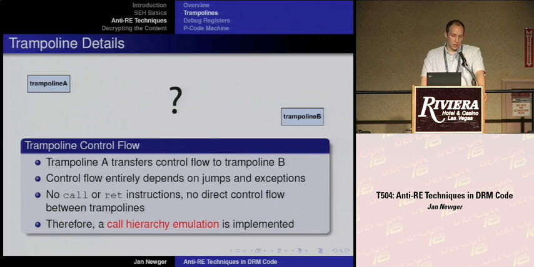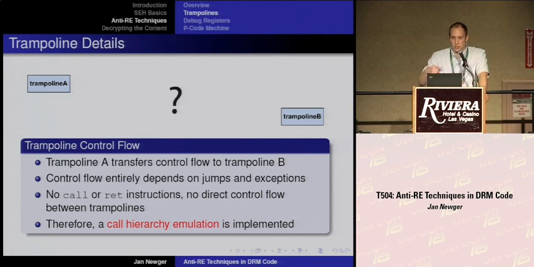Okay, so let's see some details about the trampoline control flow. In this situation, trampoline A wants to initiate a control flow change to some trampoline B. It's important to note that the control flow entirely depends on jumps and exceptions. That means there's no such thing as a call to a trampoline because everything goes through exceptions.